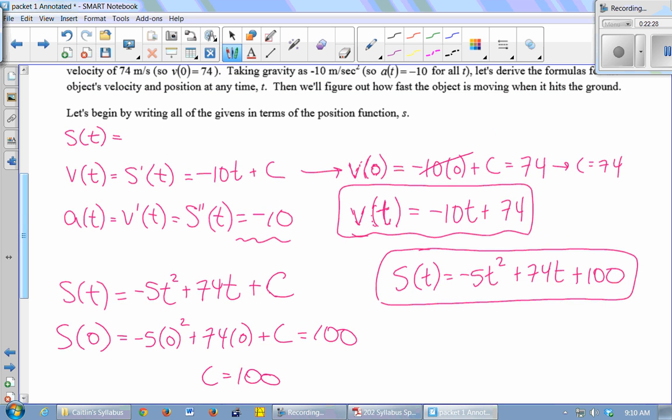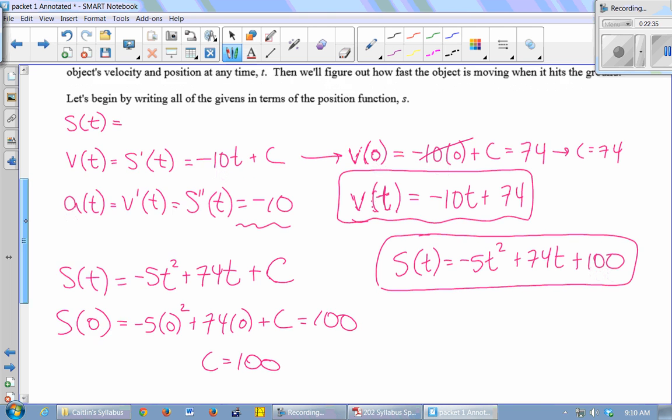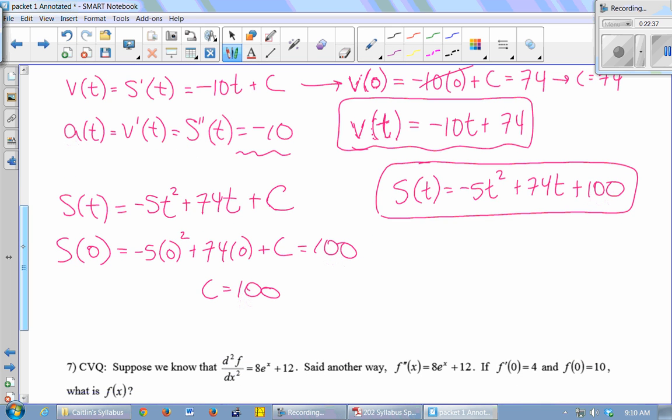All right, so if I want to figure out how fast the object is moving when it hits the ground, how fast is it moving when it hits the ground? Yeah, so first I need to know when it hits the ground, at what time, right?